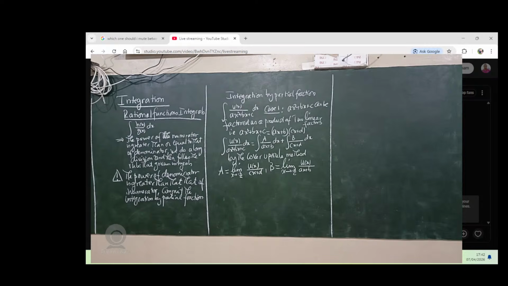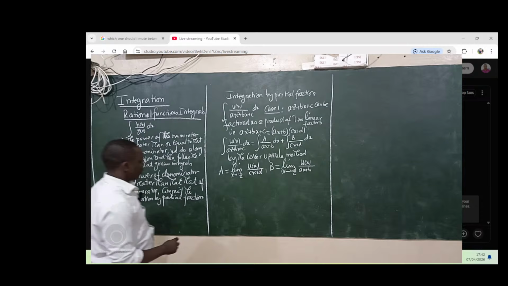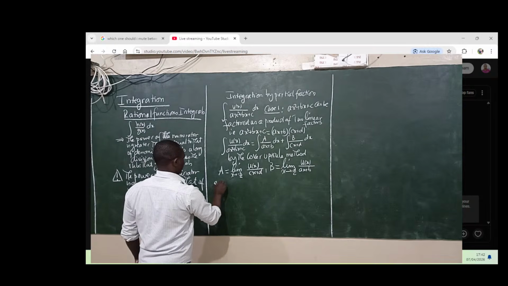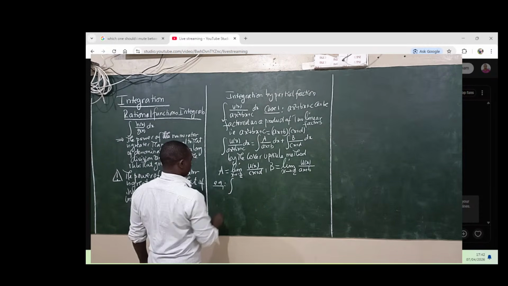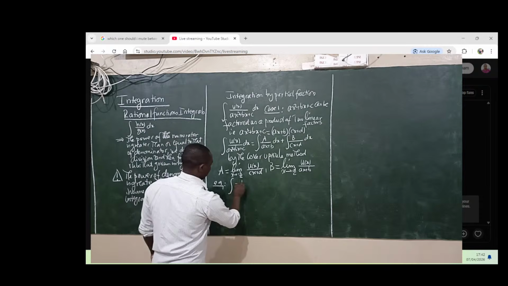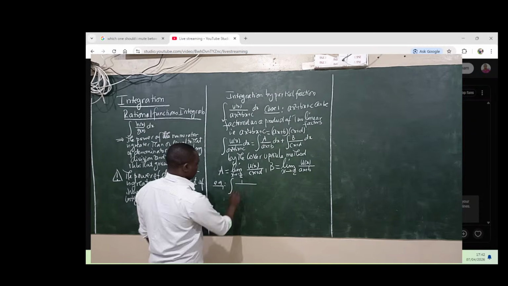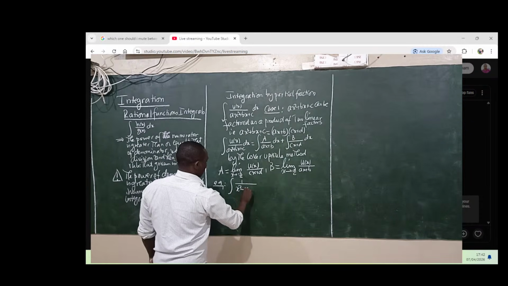Let's continue with our lesson by examples. Example 1. Integrate 1 by x squared minus x minus 2 dx.